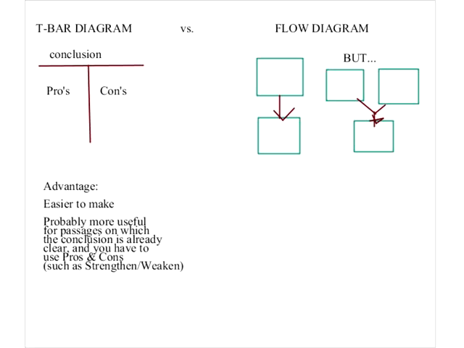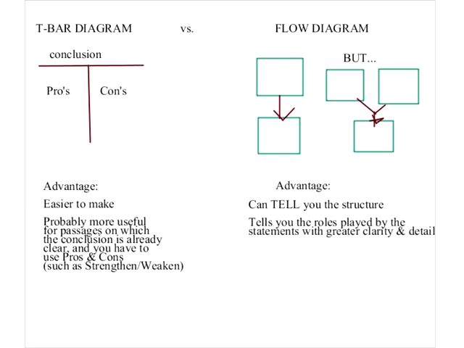The advantage of this one, though, is that this diagram can actually tell you the structure of the argument. If you don't know where the conclusion of an argument is, then you can't make a T-bar because you don't know what goes on top of it. But in this diagram, it can tell you the structure, and it also tells you the roles played by the statements with greater clarity and detail.